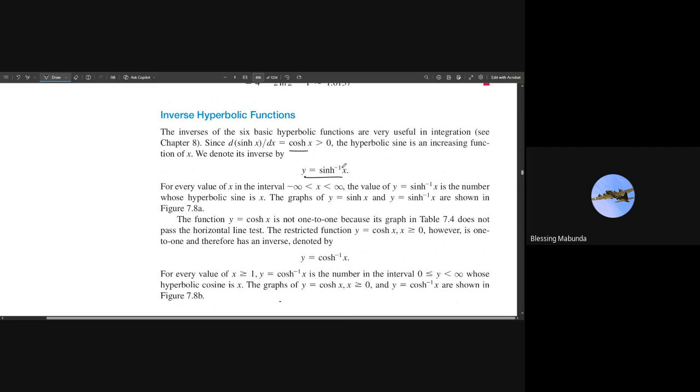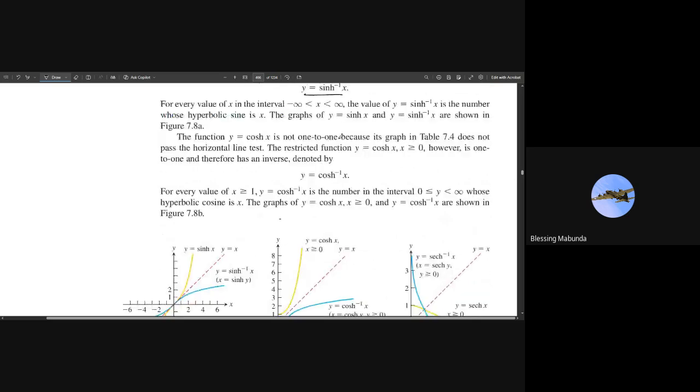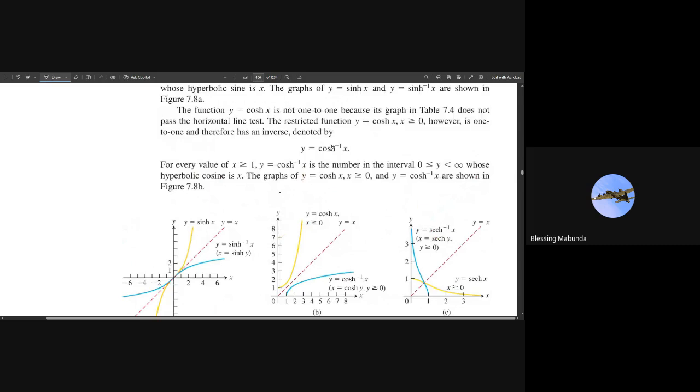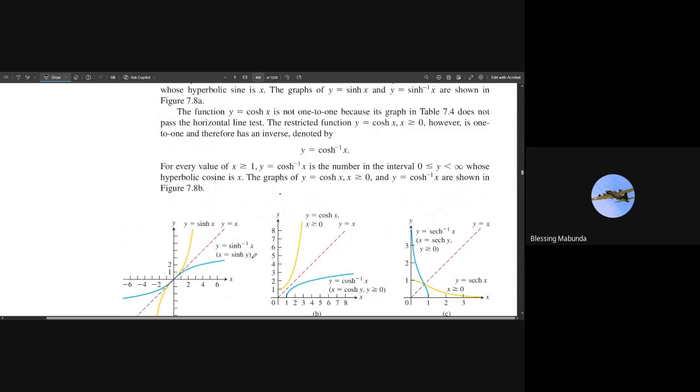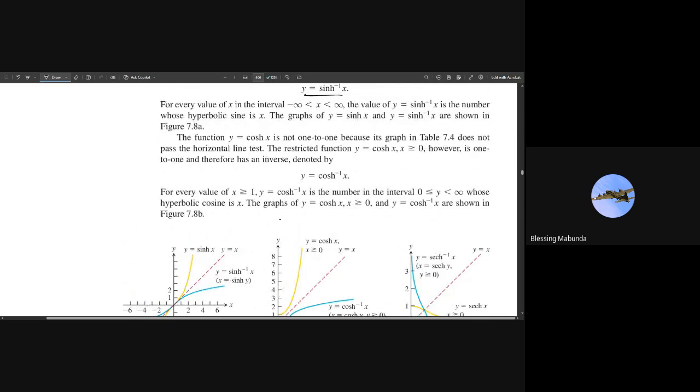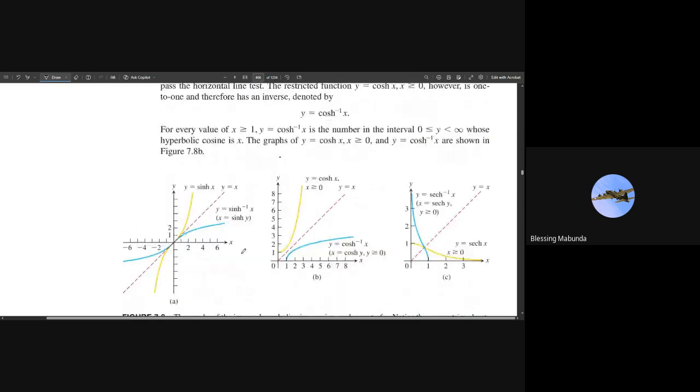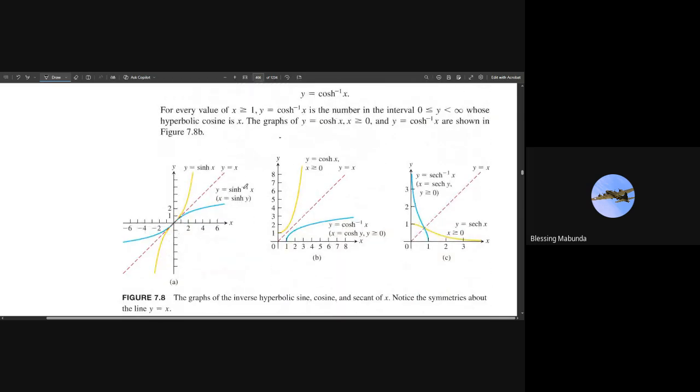So basically, x is equal to sinh y. That's what we're saying.